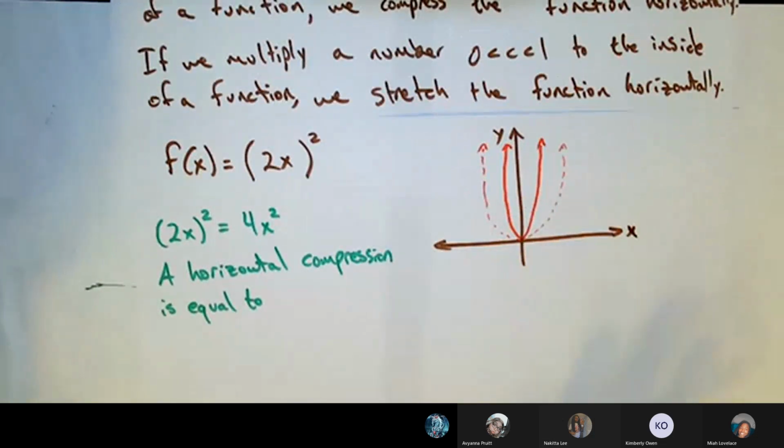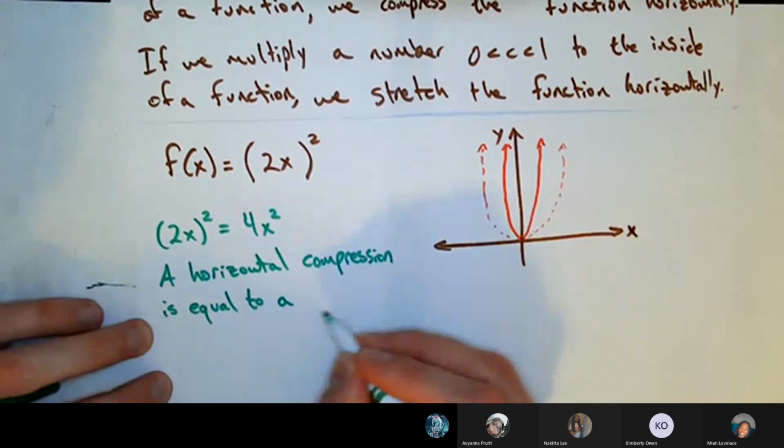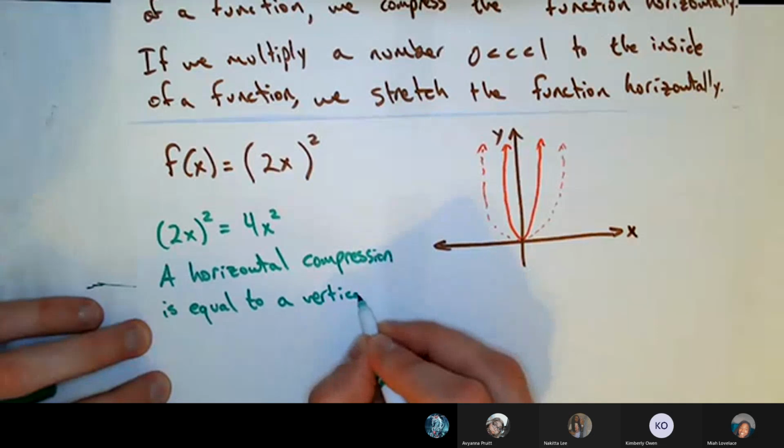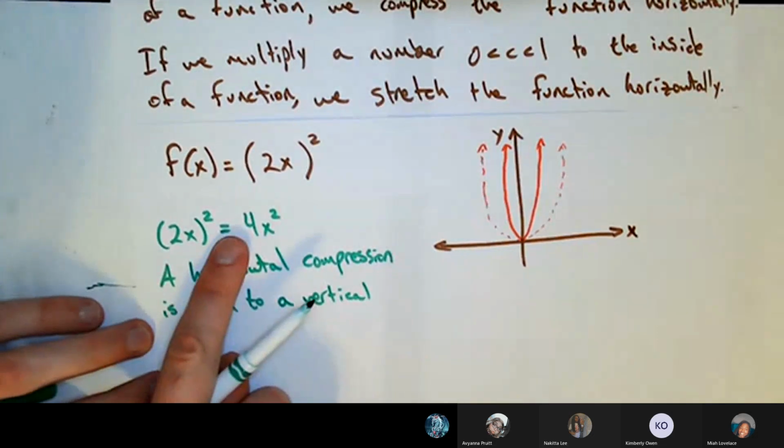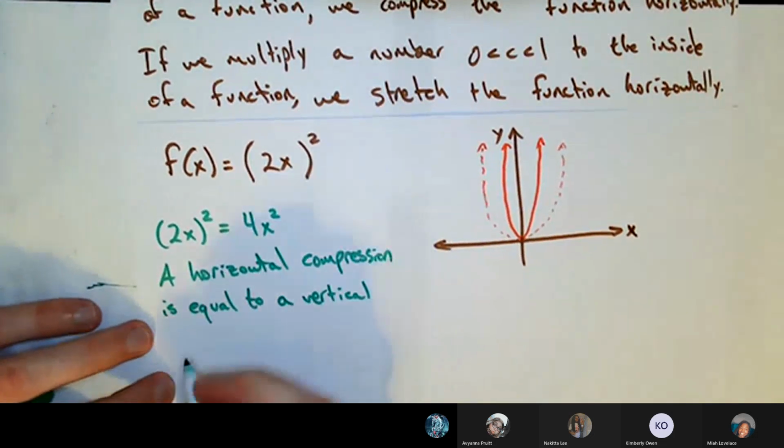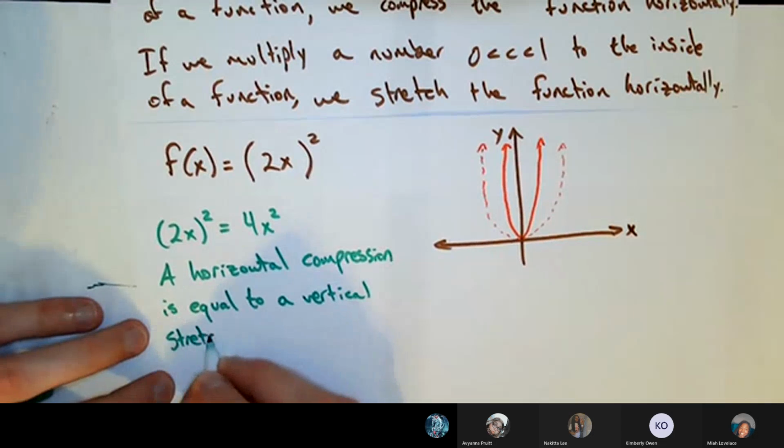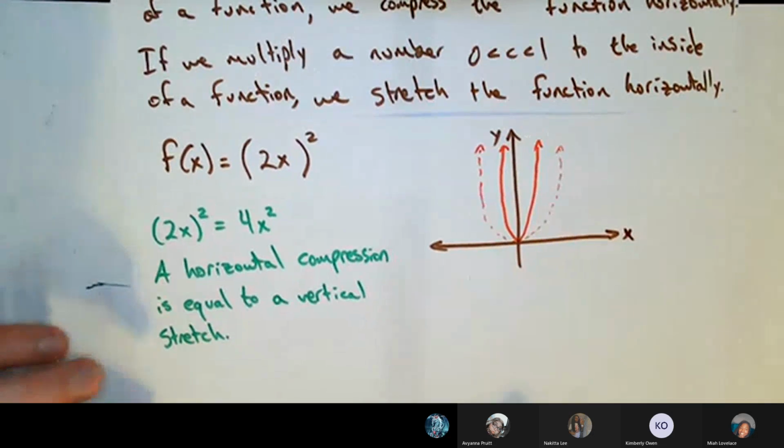You can distribute squares across products and division, not addition and subtraction. This is equal to a vertical, well, what is it when a number bigger than 1 is multiplied on the outside of the function? That's a vertical stretch. So it's no coincidence that these graphs look very similar.